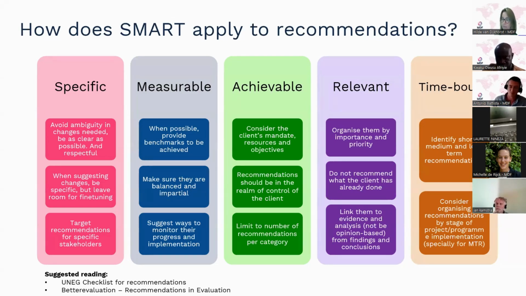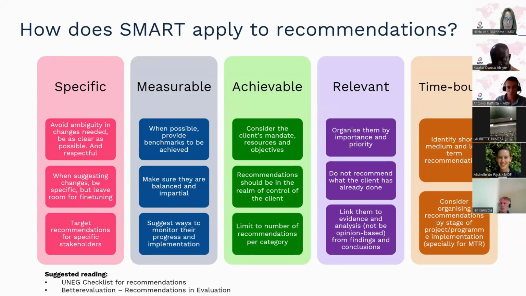I've seen, especially when I was on the other side, let's say, sometimes the recommendations would say the Ministry of X and Y and Z should do this and that, while the client is an implementing agency.